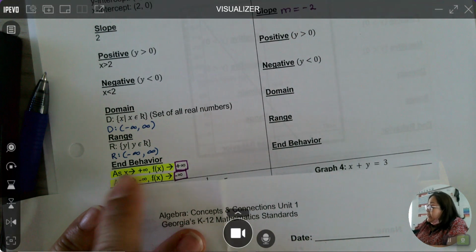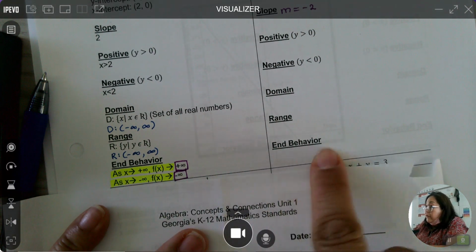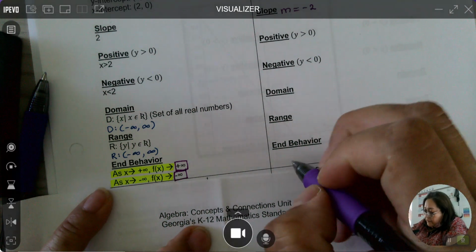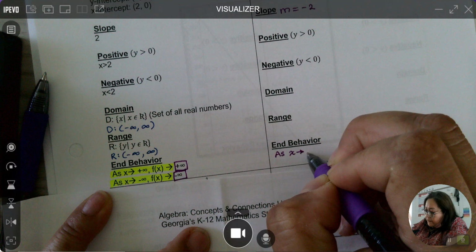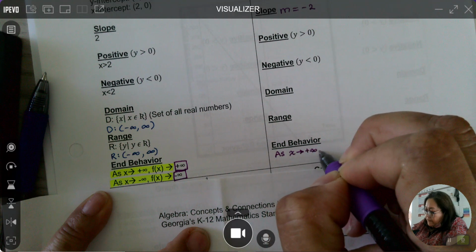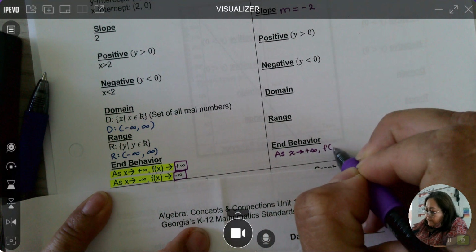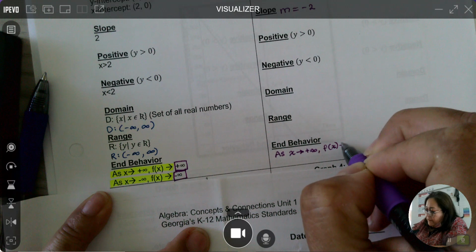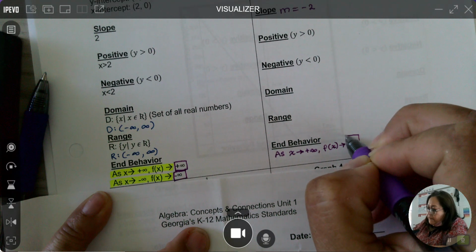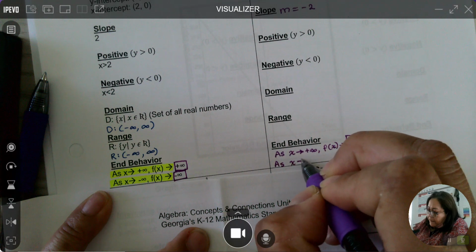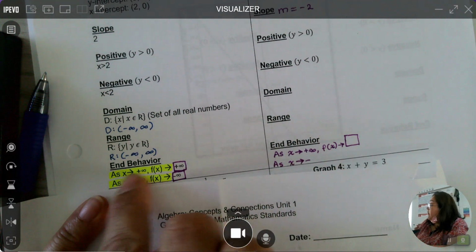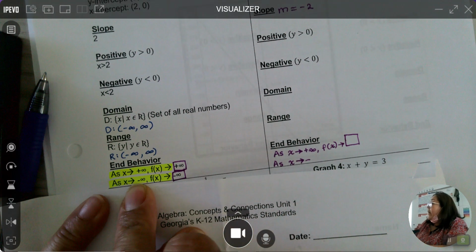Just copy what's here over here. All I'm doing is copying. Okay? I just need to know how to read it.